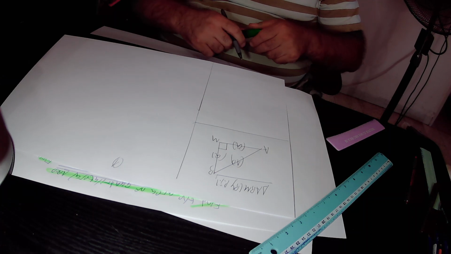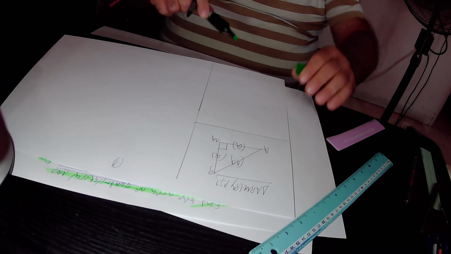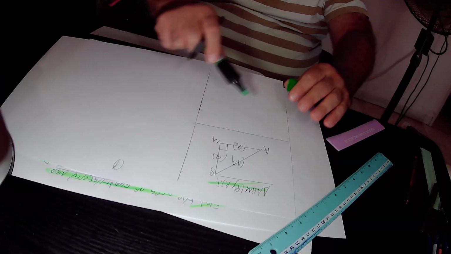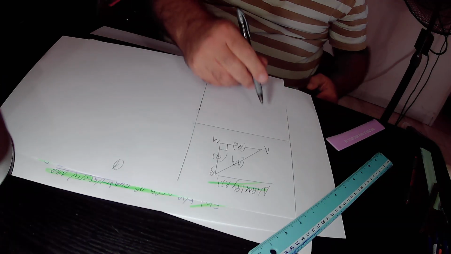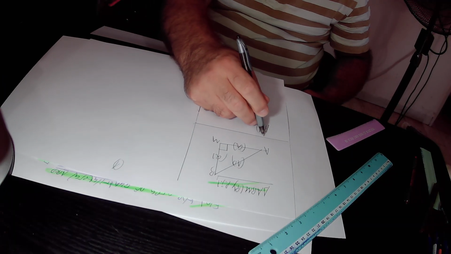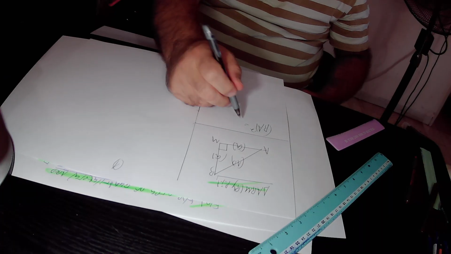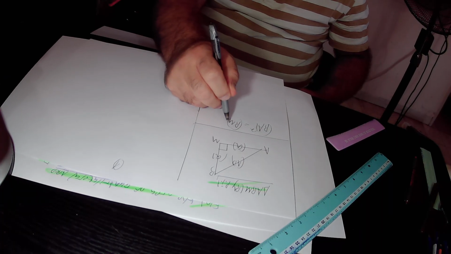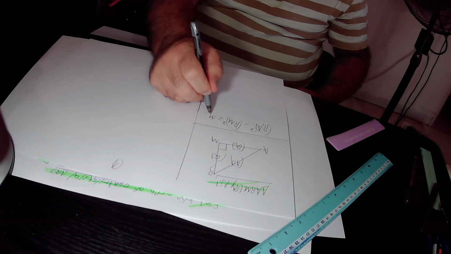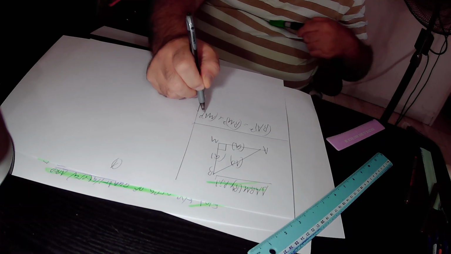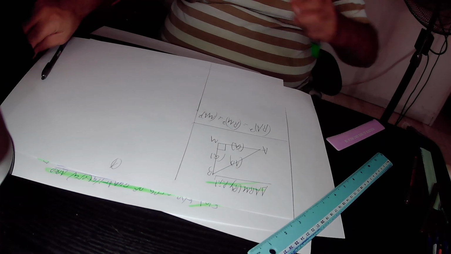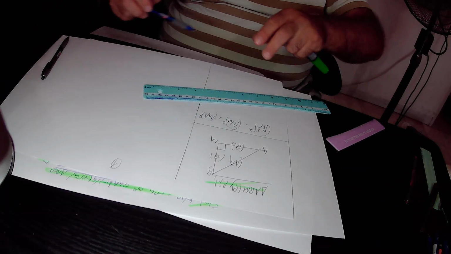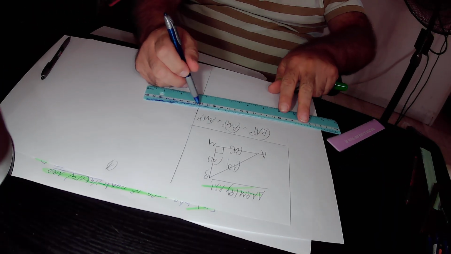In this small right triangle ABM, according to the Pythagoras theorem, BA squared, the square of the hypotenuse, equals BM squared plus MA squared. BA is 10, therefore BA squared is 10 squared, that is 100.